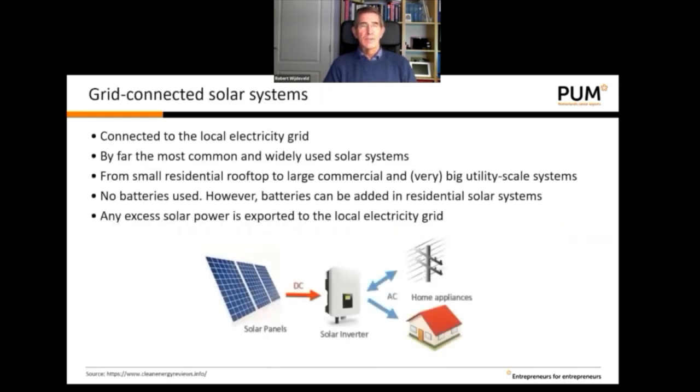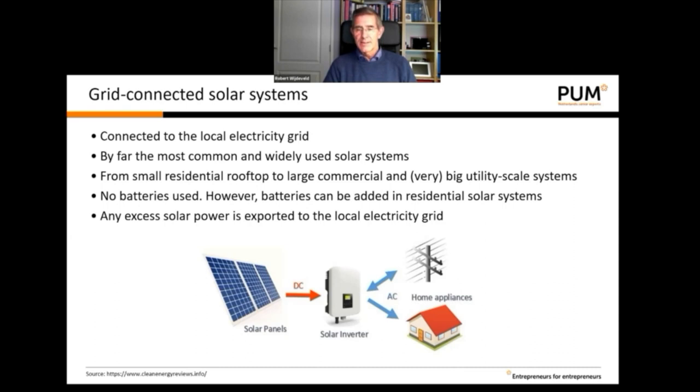A grid-connected solar system is, as the name says, connected to the local electricity grid. It's by far the most common and widely used type of solar system. You see them everywhere, and they are often used for residential houses, for large commercial systems and for very big utility-scale systems.